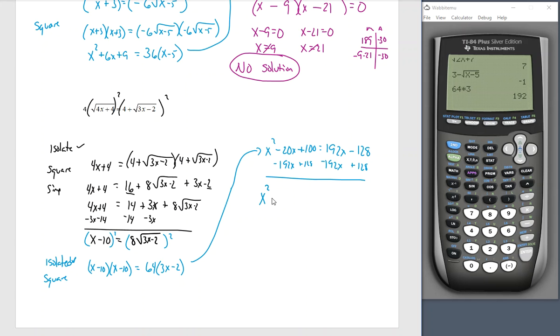And we have x squared minus 212x plus 228 equals 0. You ready to factor? Yeah, me neither. Remember, we can also solve by the quadratic formula. b squared, that's 212 squared minus 4 times 1 times 228 all over 2 times 1.